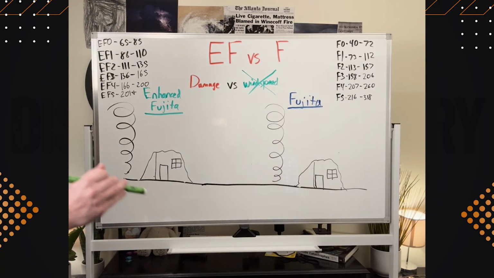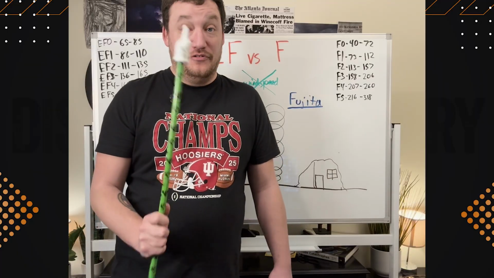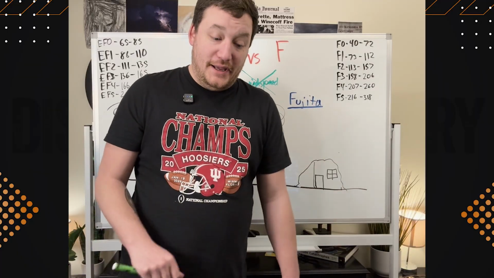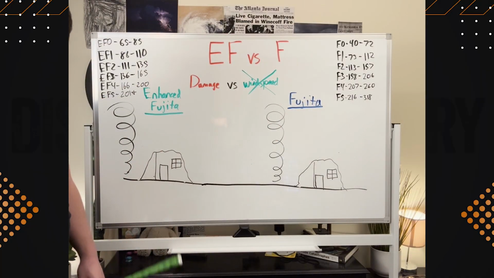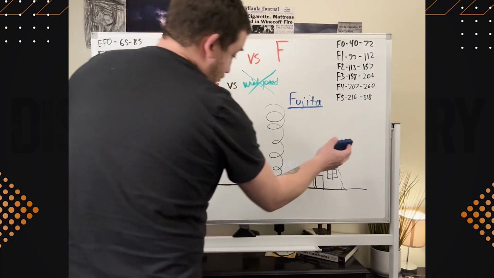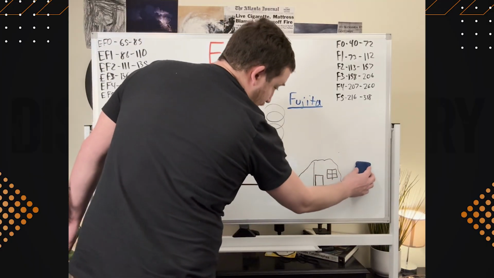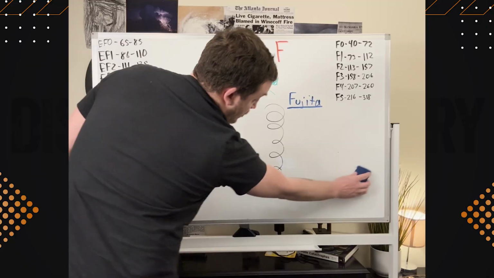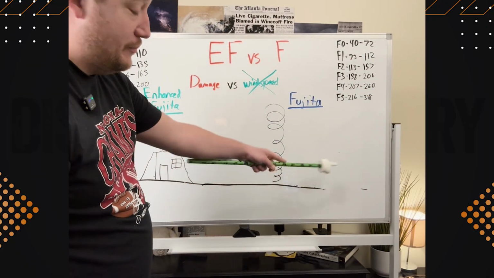Now, one of the things that people get mad about with EF versus F is sweeping away of homes. So, let's say we have the exact same tornado. Strikes before February 1st, 2007, and instead of leaving any of this building left, it just erases it off the map. Completely gone. Slabs swept completely clean.